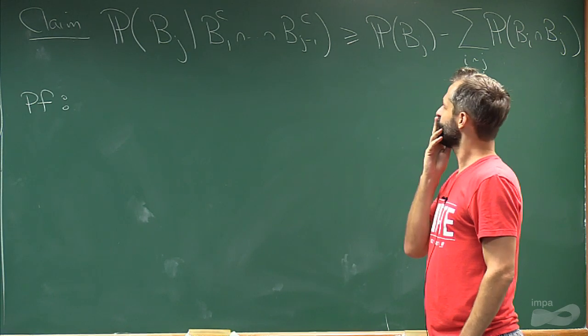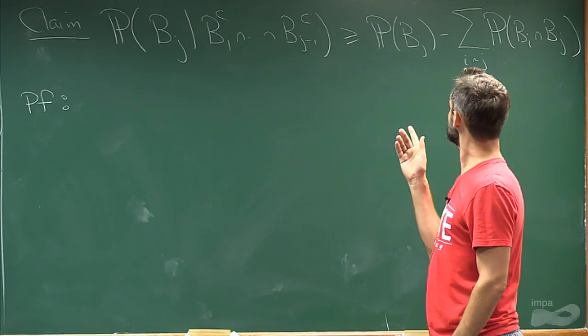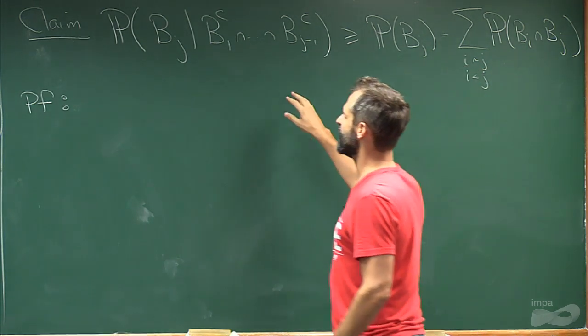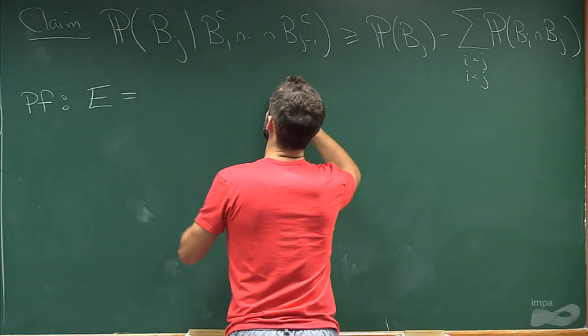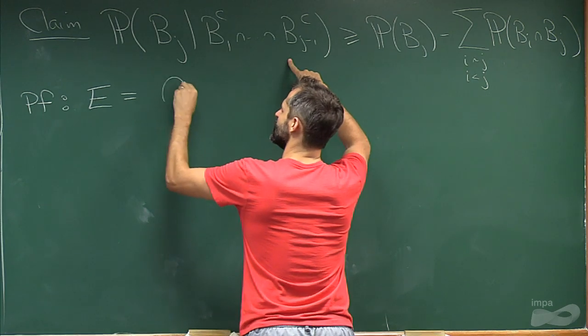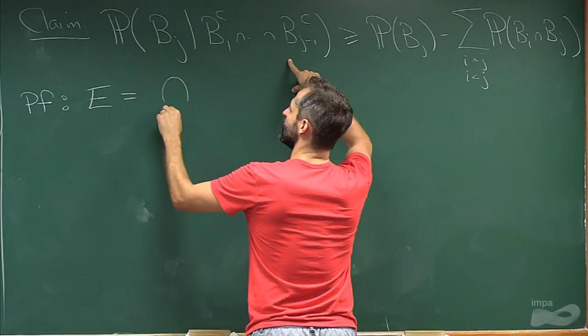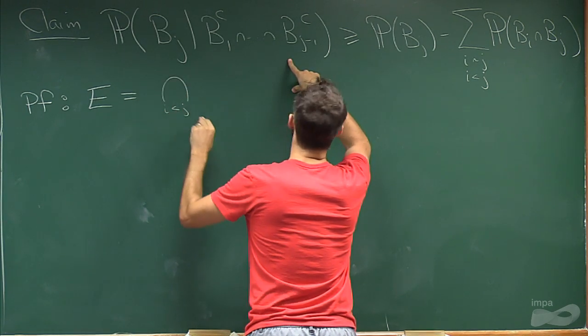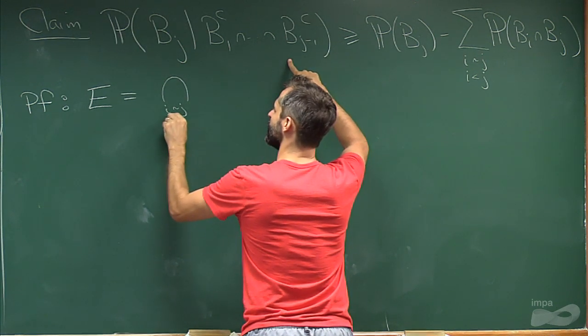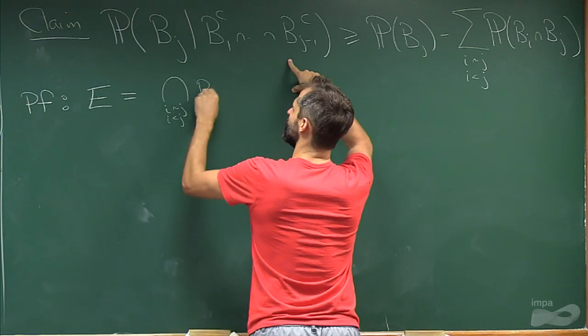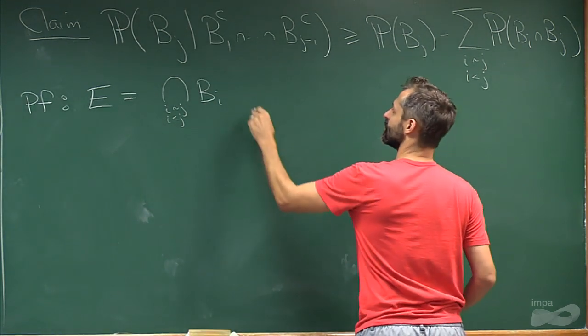Right. So let's give things some names. Let E be the event that's the intersection over all i tilde j, i less than j, of Bi.